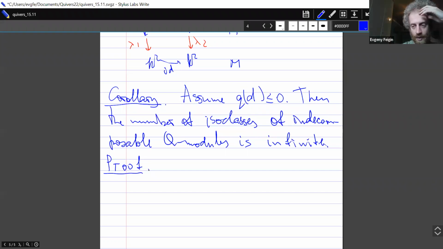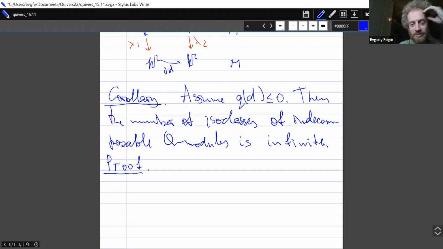So if we have these finite numbers, we have a discrete family of orbits of codimension at least one, which also does not cover all of E of D.